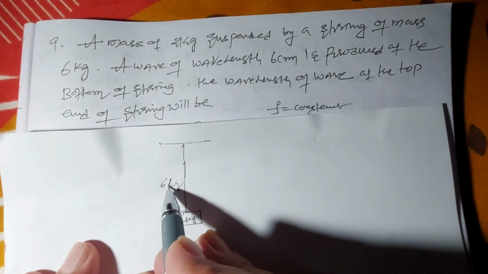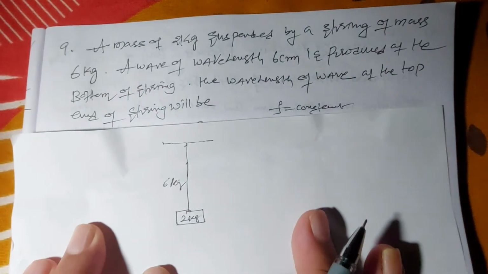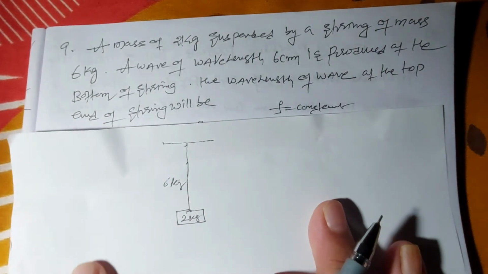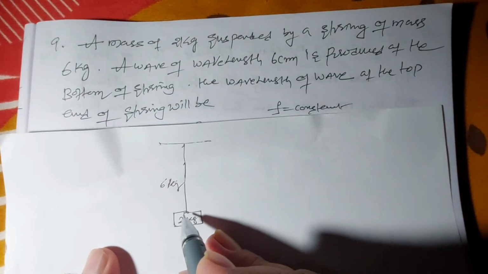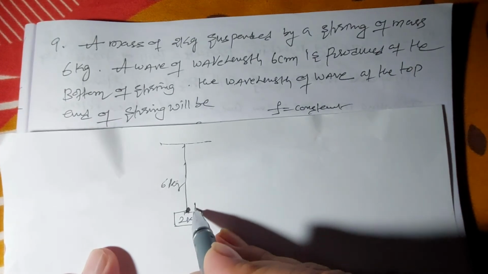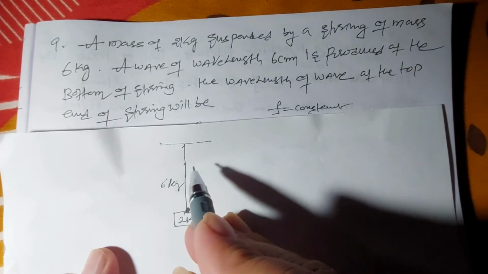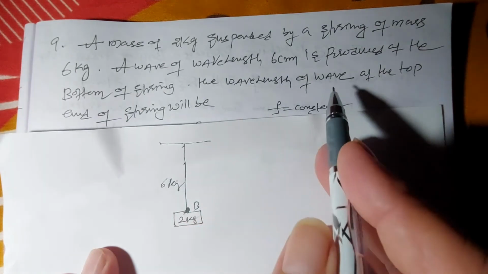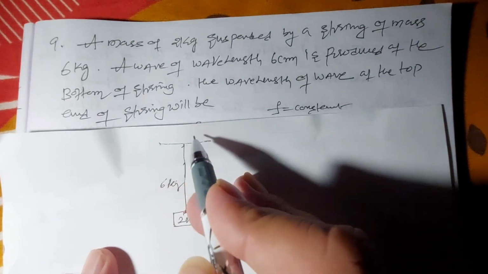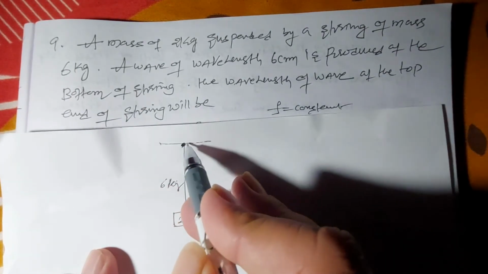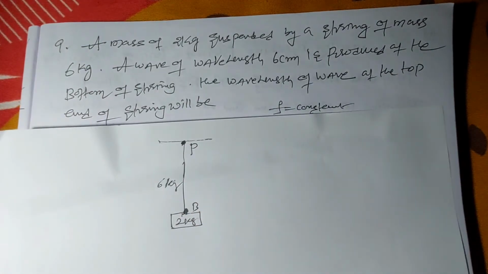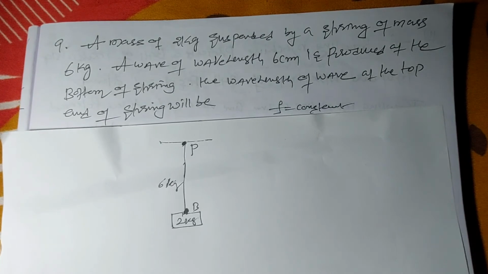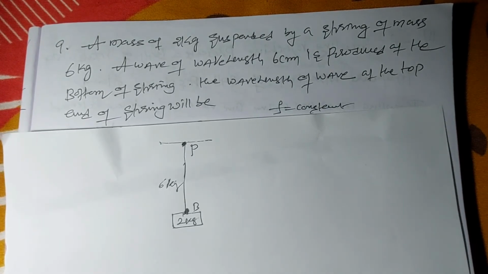The wave is produced at the bottom, and point P is at the top end of the string. We want to find the wavelength there.